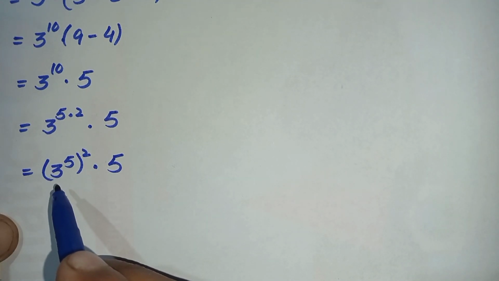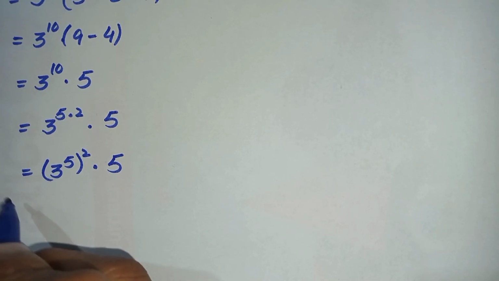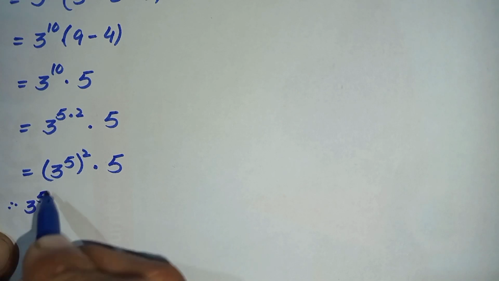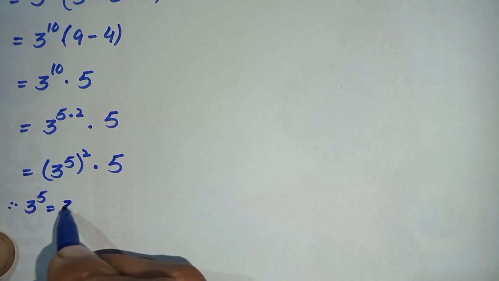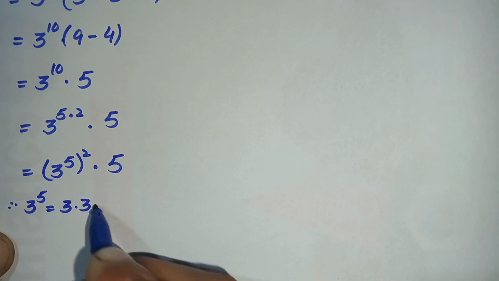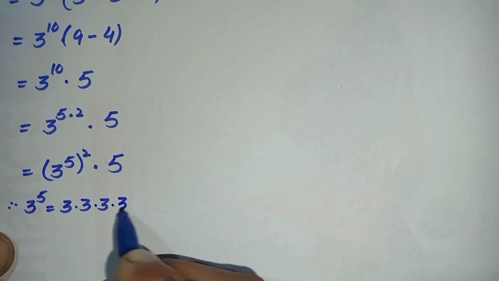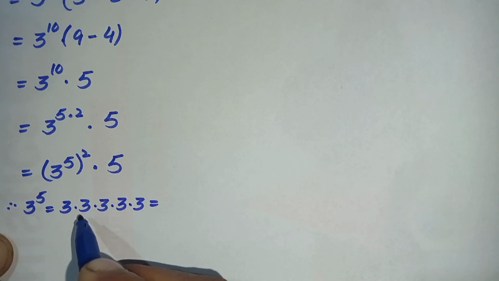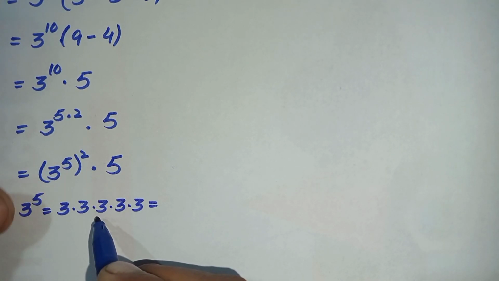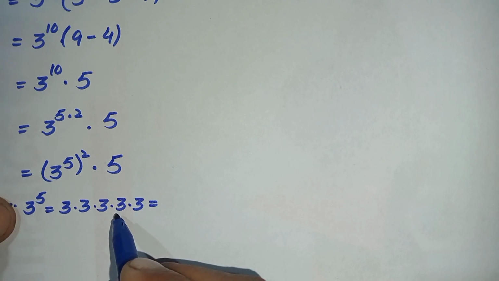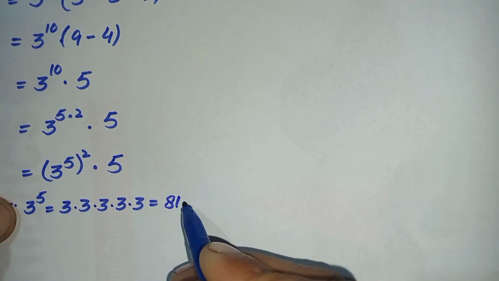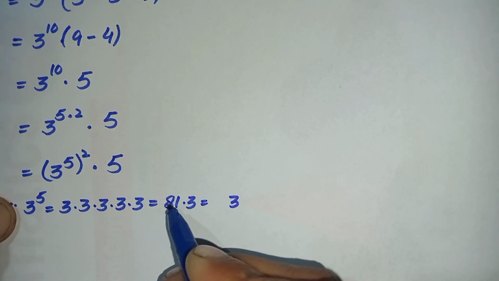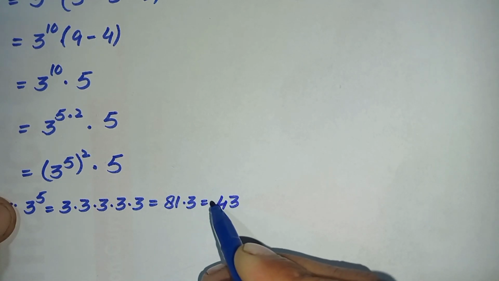Now here first we will find the value of 3 raised to power 5. Therefore the value of 3 raised to power 5 means we need to multiply 3 five times. So by multiplying 3 five times we will get 3 times 3 is 9, 9 times 3 is 27, 27 times 3 is 81, and 81 times 3 is 243.